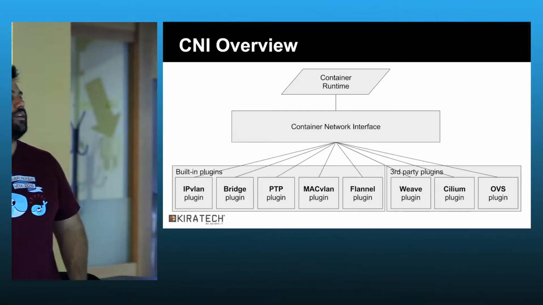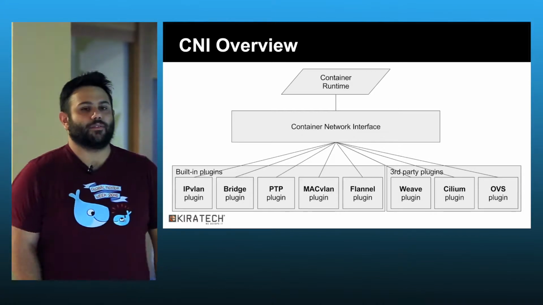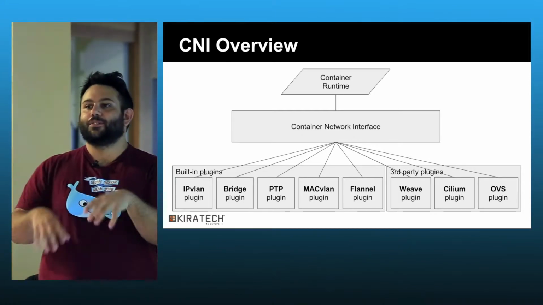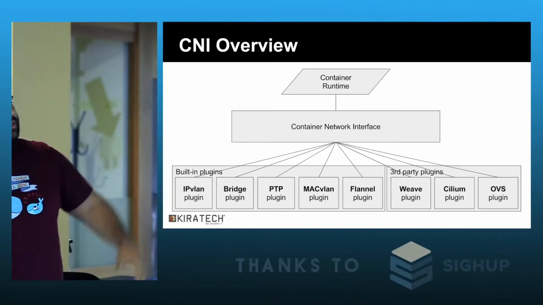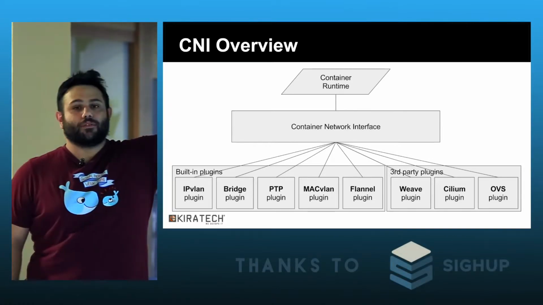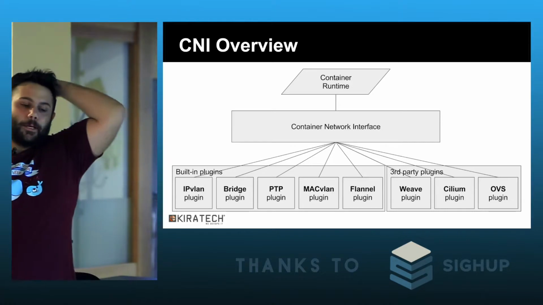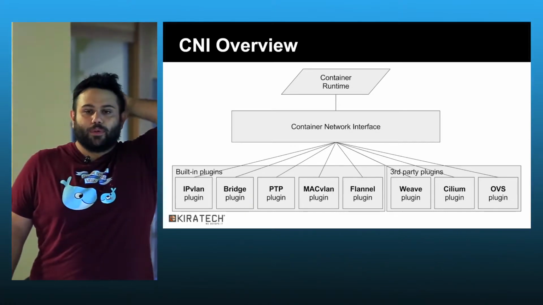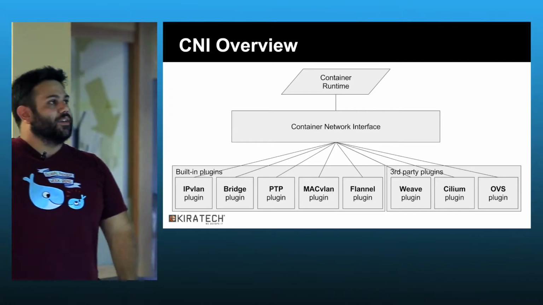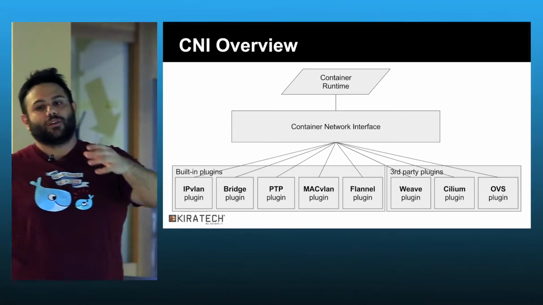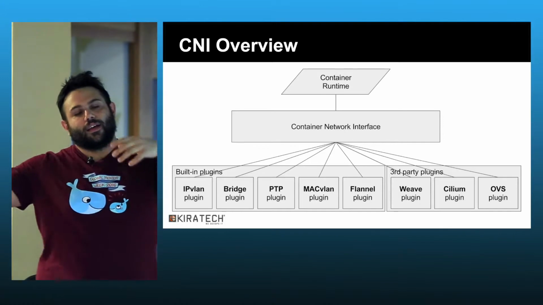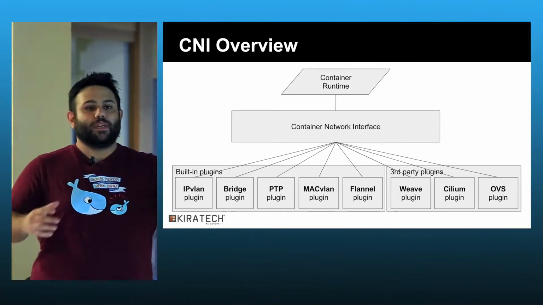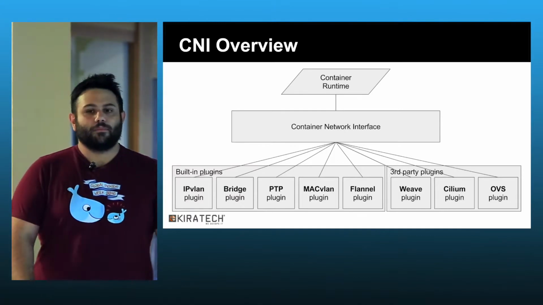So this is basically what I said. There's a container runtime, which in my demo was me, because I was orchestrating CNI. The container runtime, in Kubernetes for example, can be seen as Kubernetes and Docker, or Kubernetes and CRI-O or runc, or that could be another container runtime.